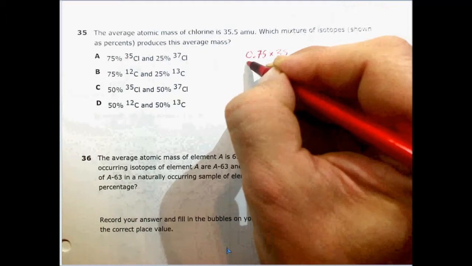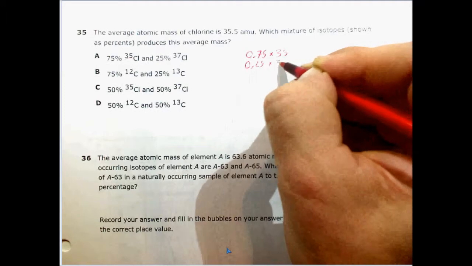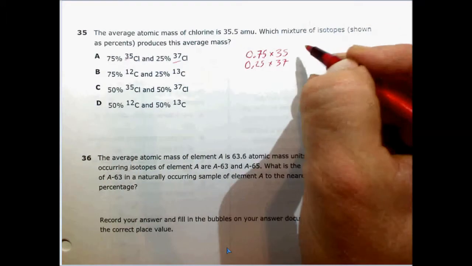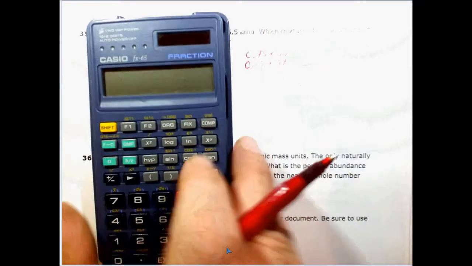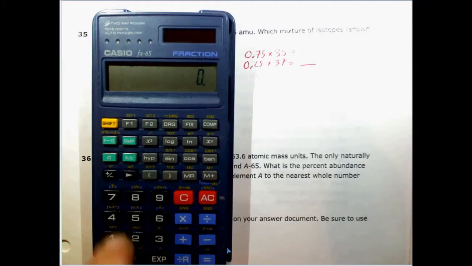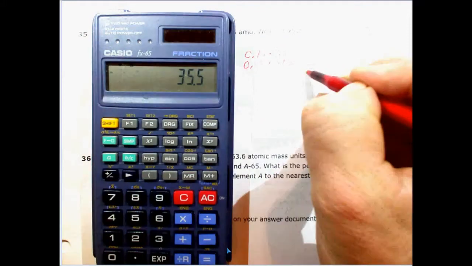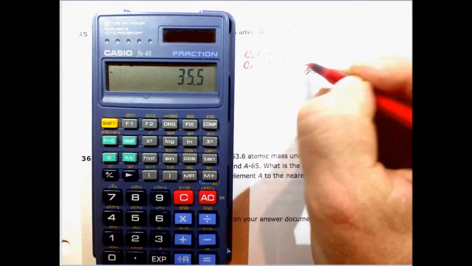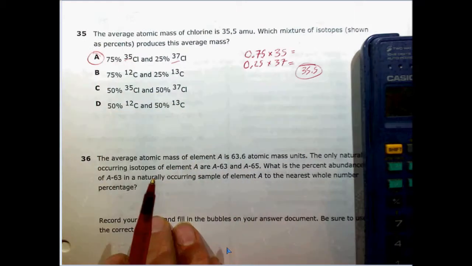Then I'm going to take the 25% and multiply it by the mass number of 37 here. And then I'm going to add these together. I'll do it in one step: 0.75 times 35 plus 0.25 times 37 equals 35.5. Turns out that this is the correct answer.